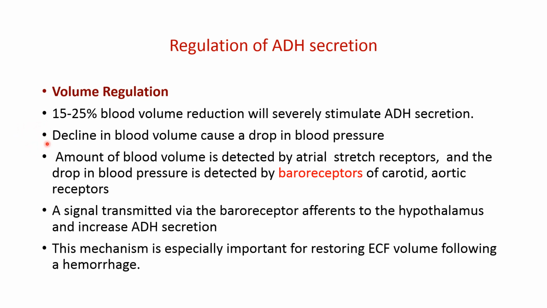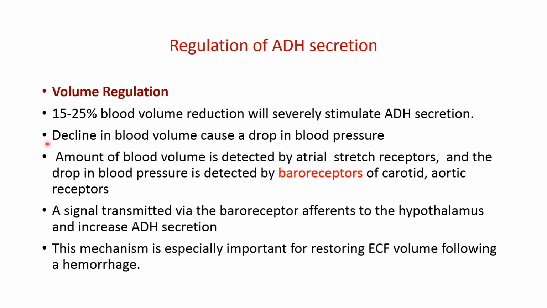You have atrial stretch receptors that detect the blood volume. We have the baroreceptors, which are located in the carotid and aortic receptors. The baroreceptors will initiate the baroreceptor reflex and this sort of thing. You have to go and revisit it.